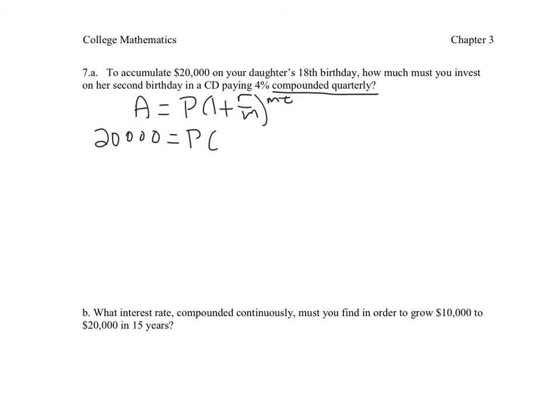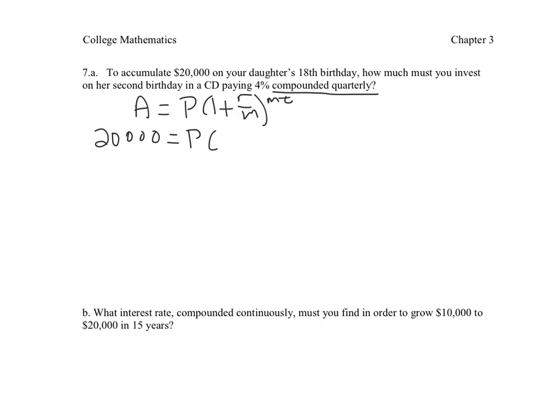I'm going to have to calculate that, because what I do know is I want this money to be there on her 18th birthday, and I'm going to invest some money on her second birthday. So I've got to figure out how many years that would be. Well, it's not that hard to figure out.